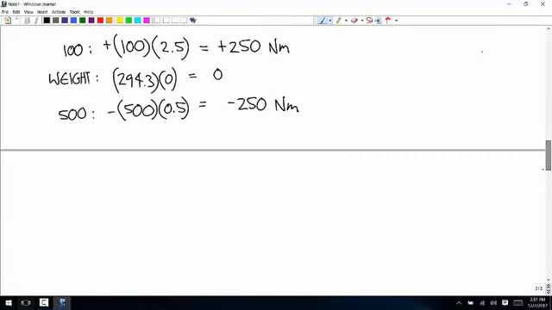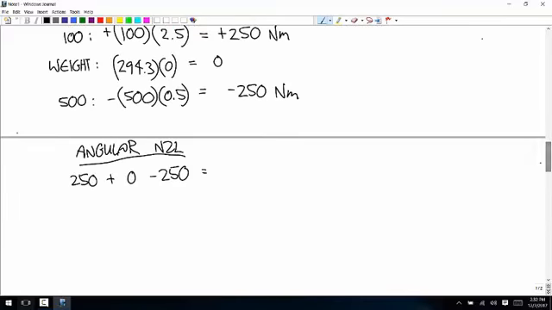Okay, so now we can go to the angular Newton's second law. We'll add up all these moments. So we have 250 plus 0 minus 250 is equal to 62.6 times alpha.